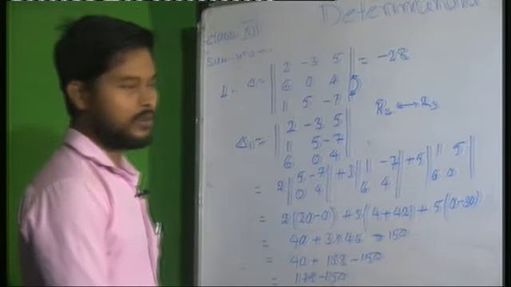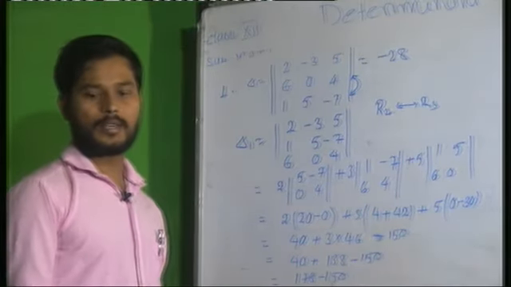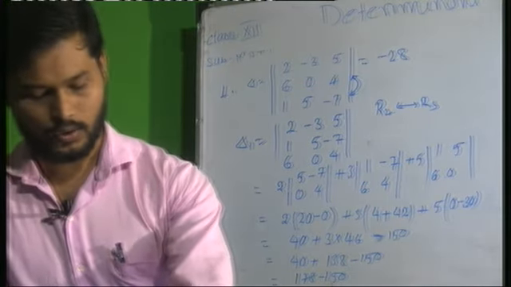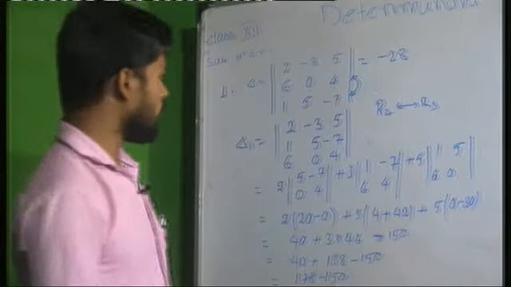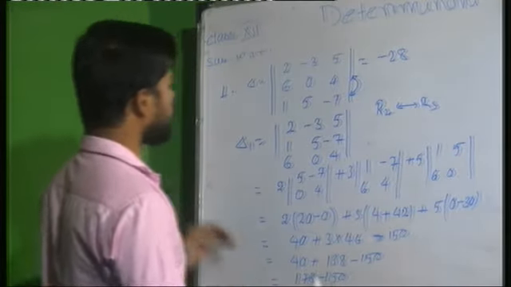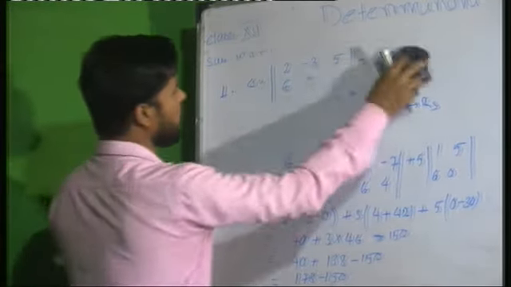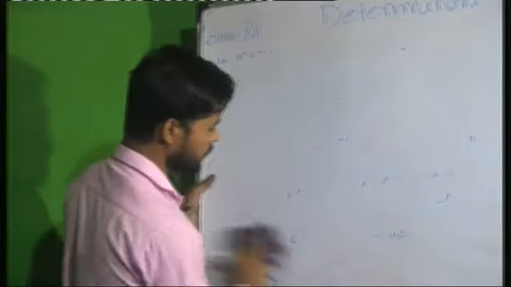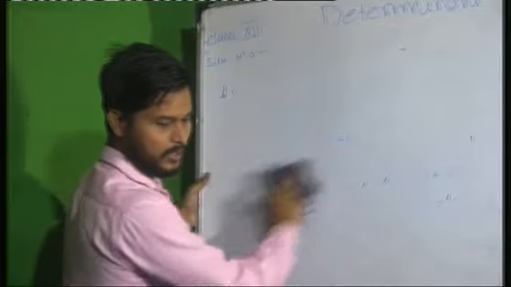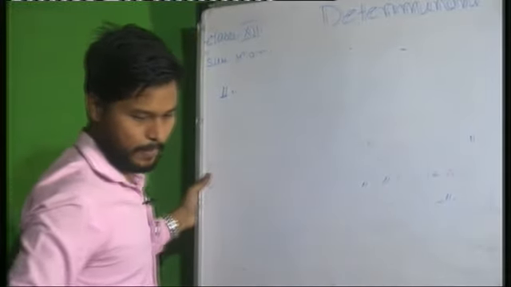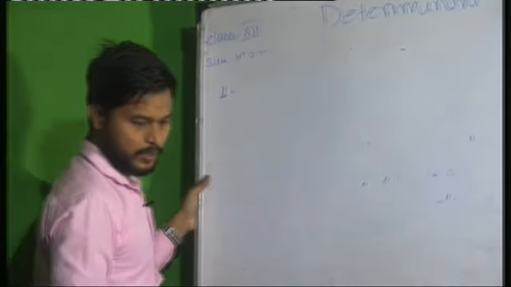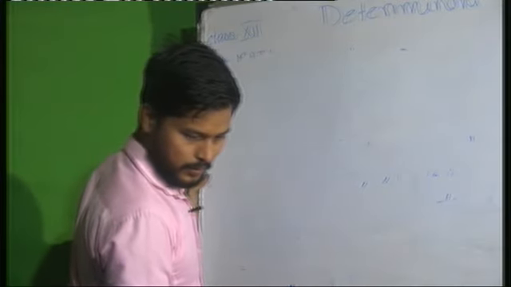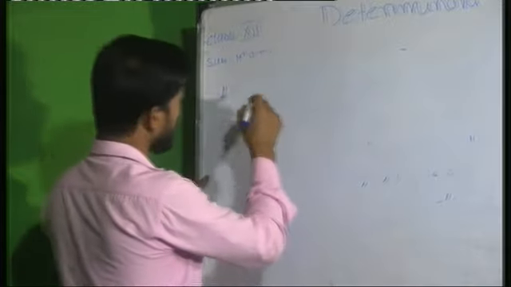if any two rows or any two columns of a determinant are identical, then the value of the determinant is equal to 0. What do you mean by identical? Identical means if any two rows or any two columns of a determinant are same, if the corresponding entries are same, then the value of the determinant is 0. I am giving an example.